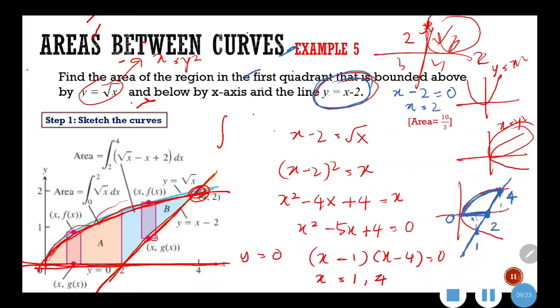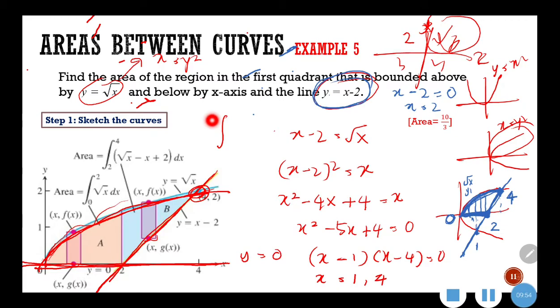So maknanya area that we want to find, dia punya tu adalah bounded by this. These are all the important points. Okay, so kalau you tengok, region yang ni, yang atas dia adalah y1 equals square root x, and yang kat bawah ni adalah apa? Adakah y equals x minus 2?